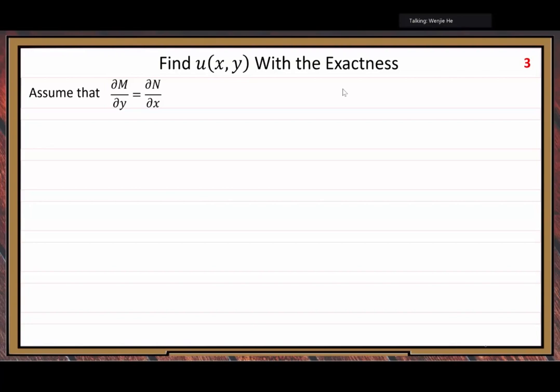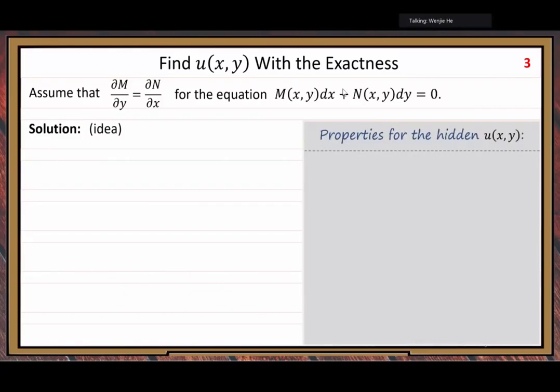That condition guarantees the corresponding ODE is exact. With that condition, this equation is exact. Now for the solution, let's calculate using antiderivatives.